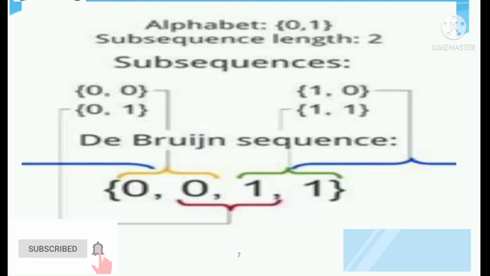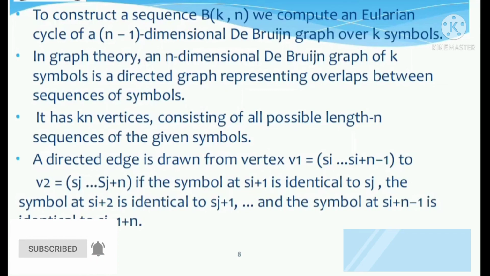So 4 subsequences are available. The length given to us is 2, and based on that we have listed the 4 subsequences. So we form the De Bruijn sequence 0011. We can see the color yellow 00, the color green 11, and the color red 01. This is the De Bruijn sequence. Next, we can construct the sequence.